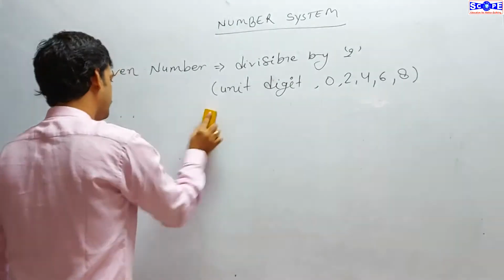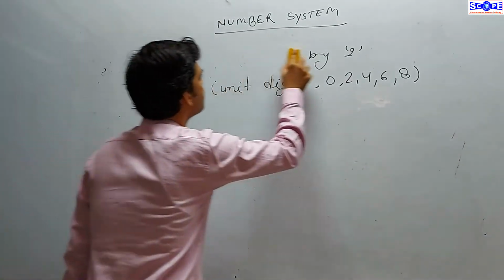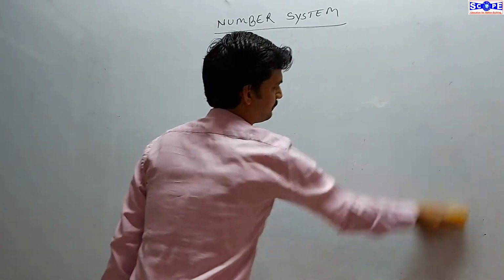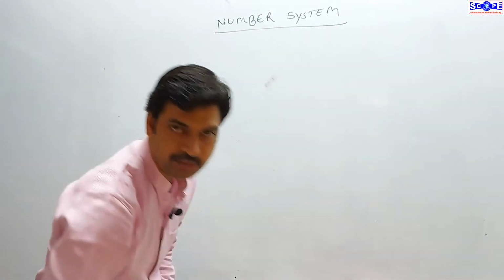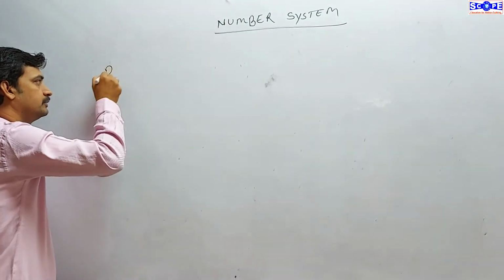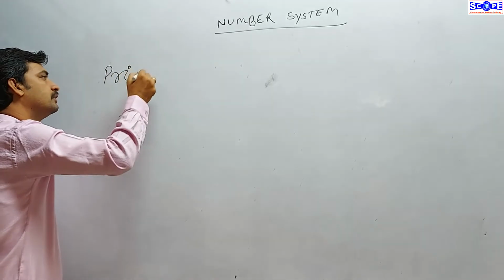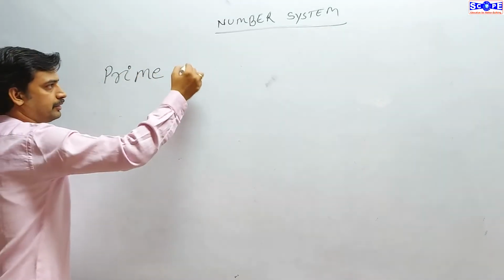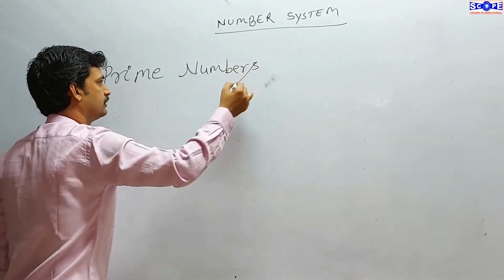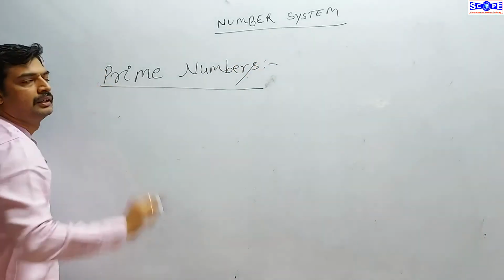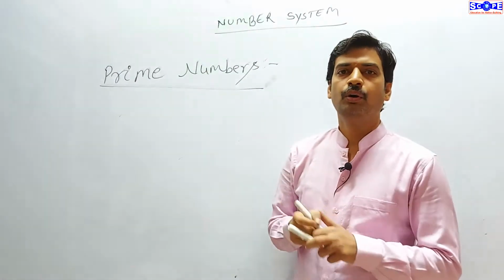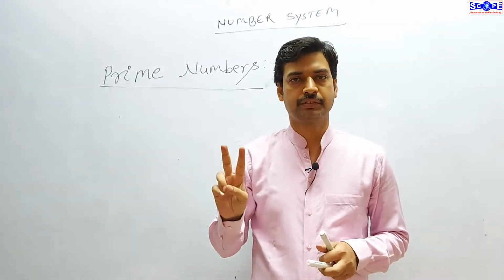Now we study the prime numbers, the most important ones in numbers. Prime numbers are numbers which have only 2 factors.